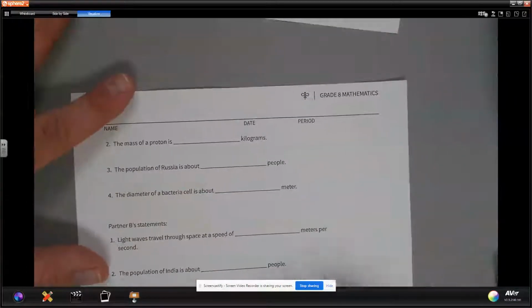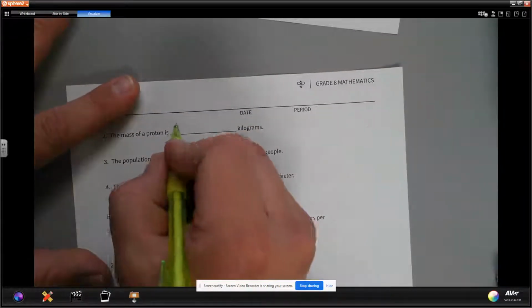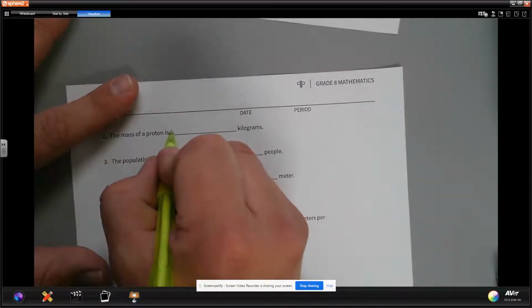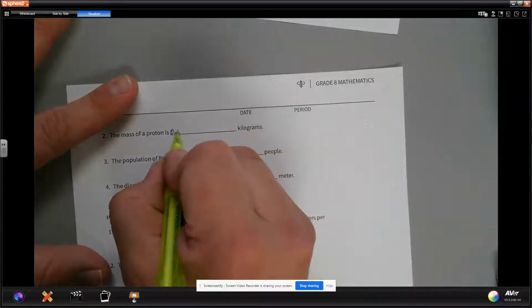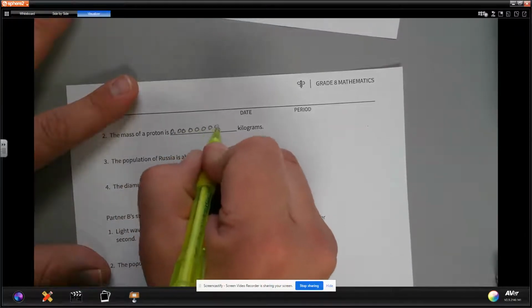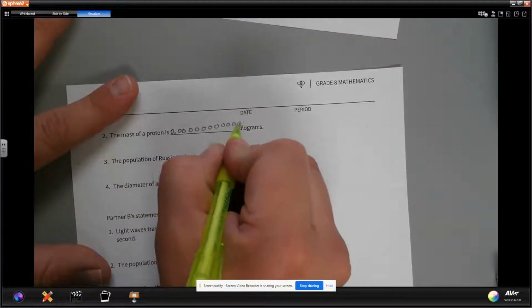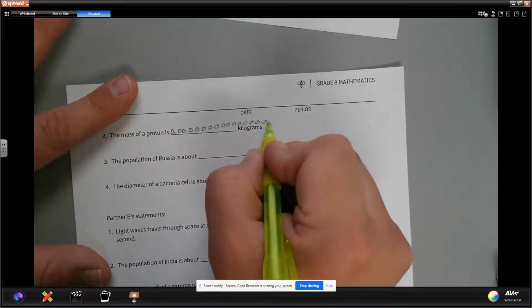If we go to the next one, the mass of a proton, hold on for this one. The mass of a proton would be 0. I hope I have enough room in here.